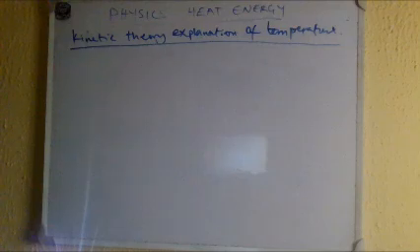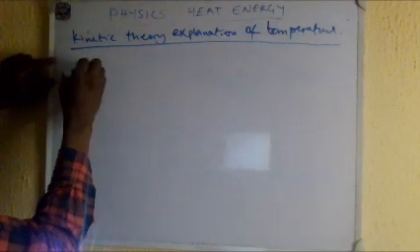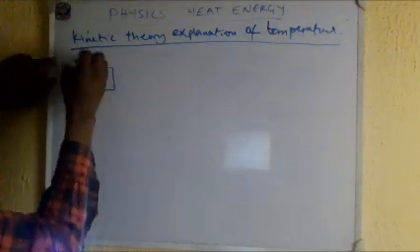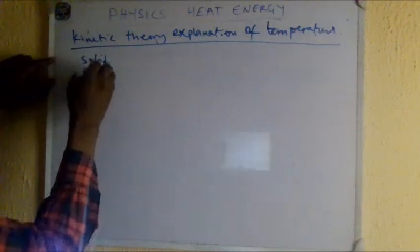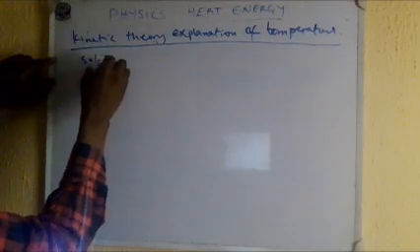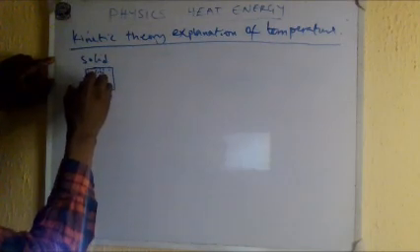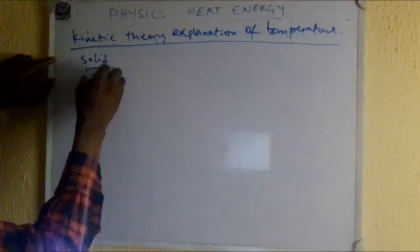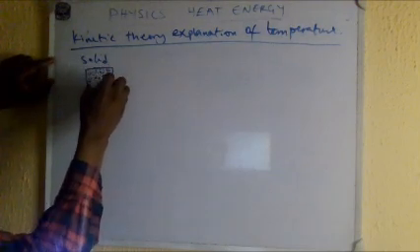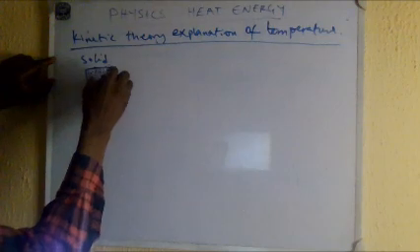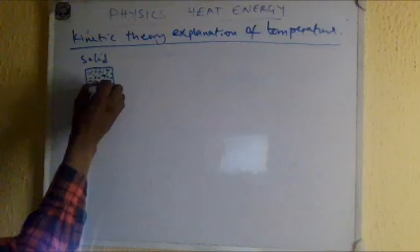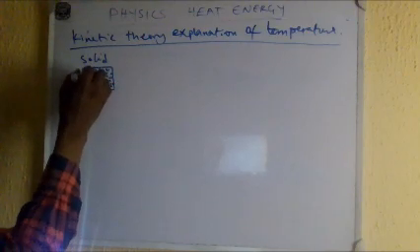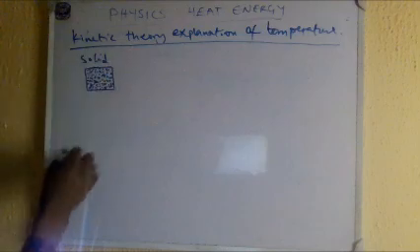So we're explaining kinetic molecular theory. If I have a solid object, the particles that make it up are very neatly packed together, so that the distance between two molecules is very short, very small.